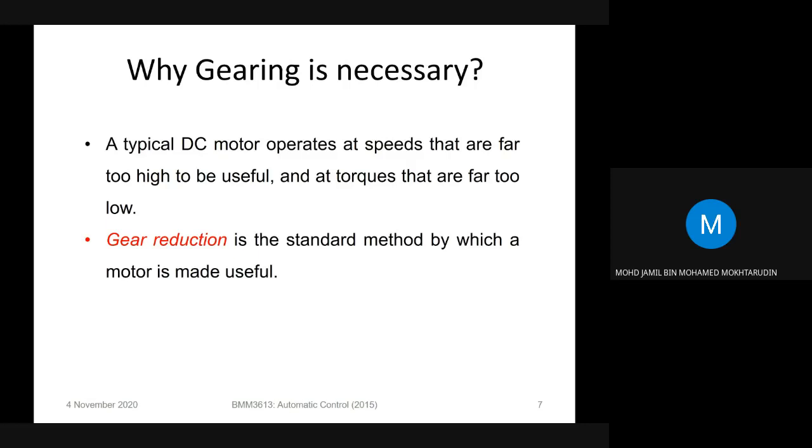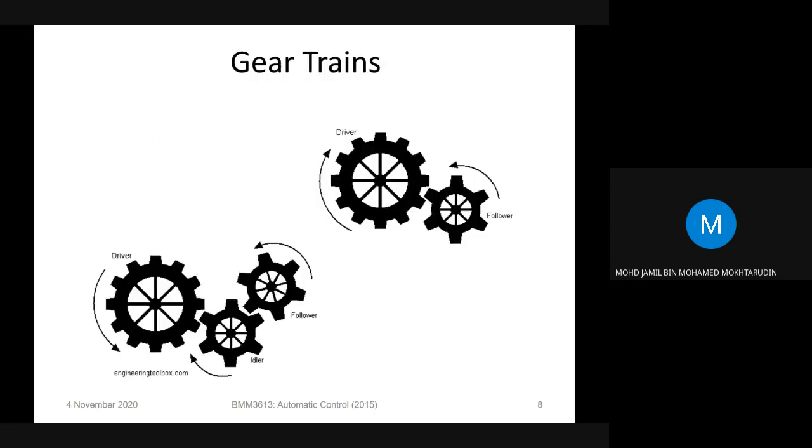So to allow for gearing, I mean to calculate the increase or decrease of torque and speed due to gears, we call a method of gear reduction, okay. Gear reduction method, which is a standard method by which a motor is made useful. Okay, tak keluar lah exam. Kenapa guna gears? Tak ada.